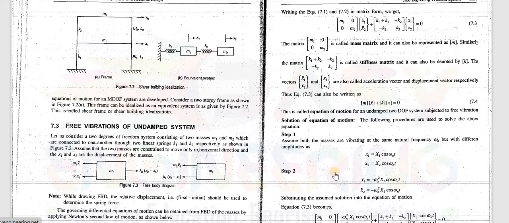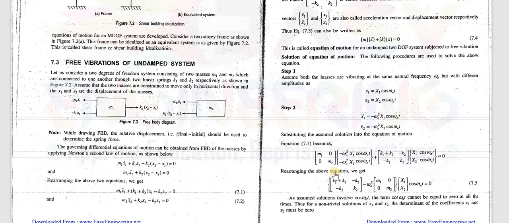Now I have to solve this equation of motion. So how to solve this? Here I have x1 and x2, and I need to find x1 and x2. I am taking x1 is equal to capital X1 cos omega nt and x2 is equal to capital X2 cos omega nt, where omega n will be the natural frequency.